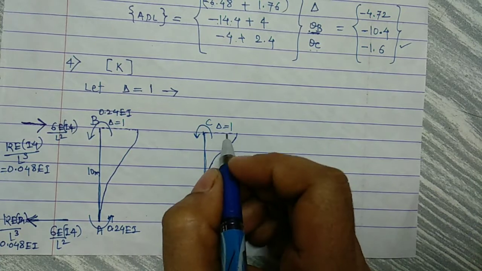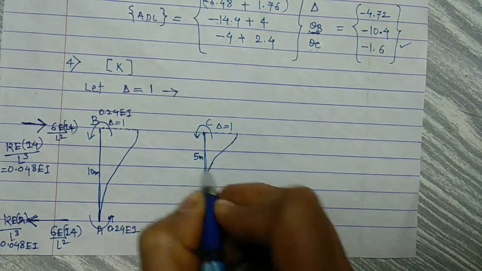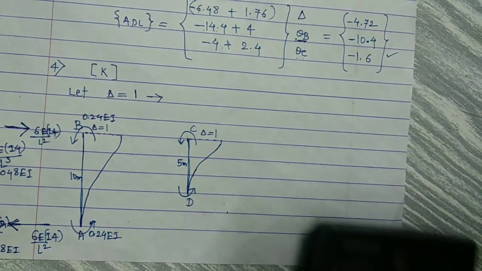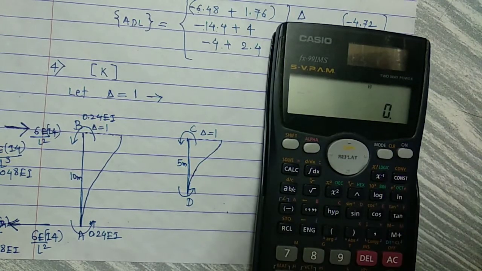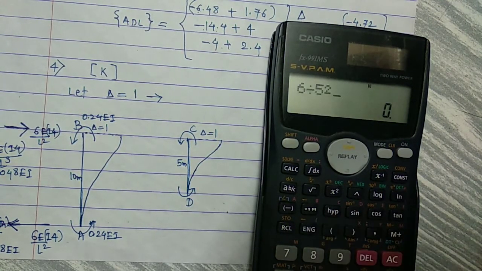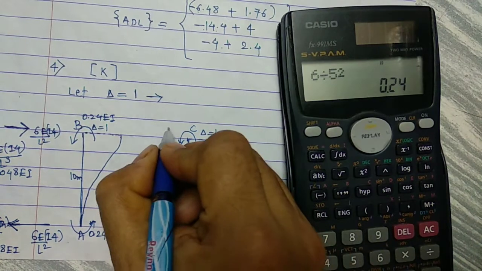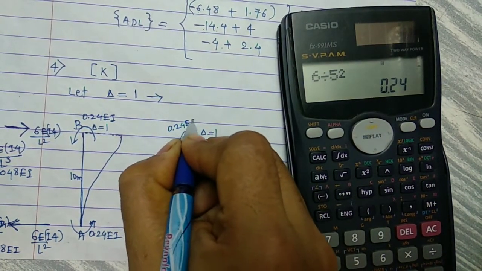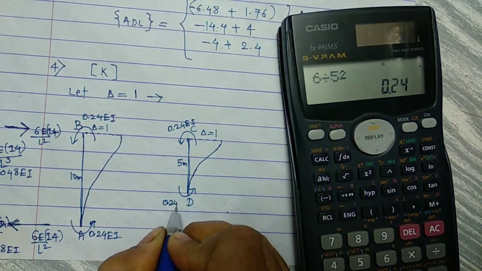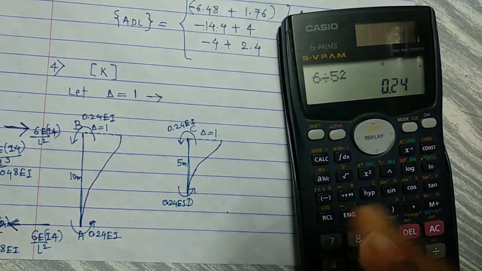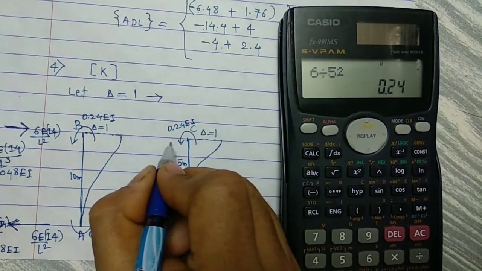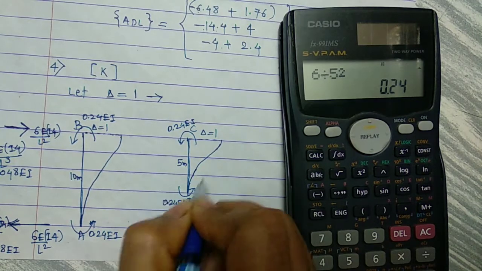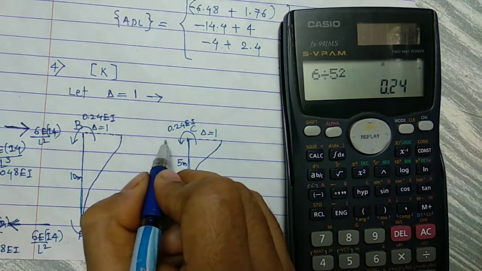Here the length of the member is 5 meters, inertia is I. So these moments will be 6 divided by 5 square, 0.24 EI. Both moments are in the anti-clockwise direction.